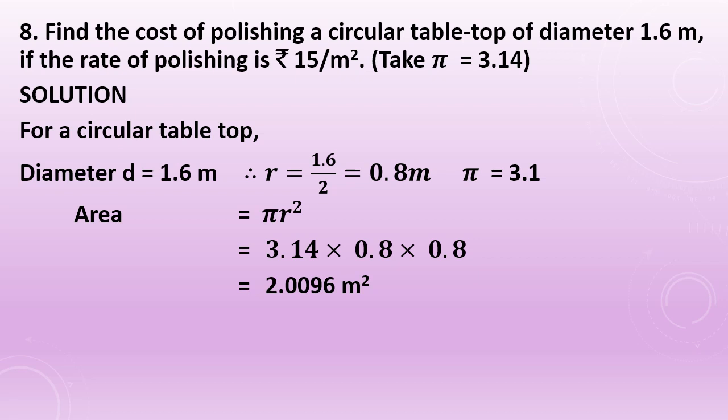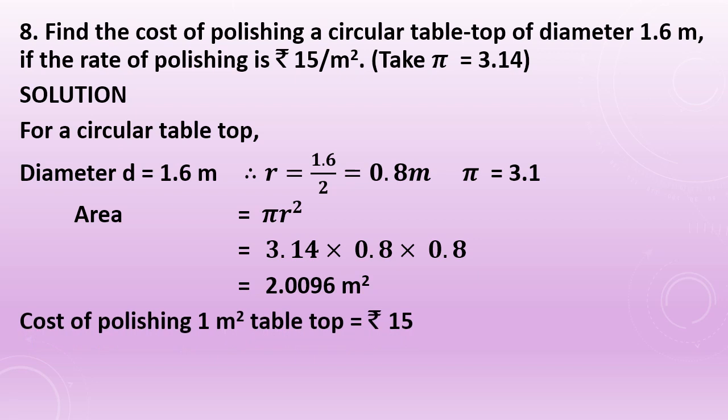Now we have to find the cost of polishing. So we can write the cost of polishing 1 meter square of tabletop equals rupees 15. We have total 2.0096 meter square of tabletop.